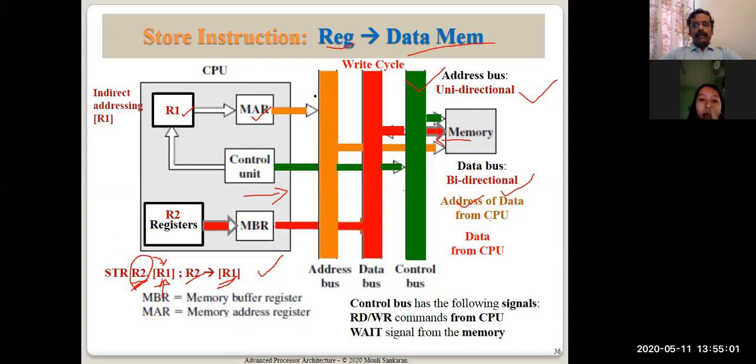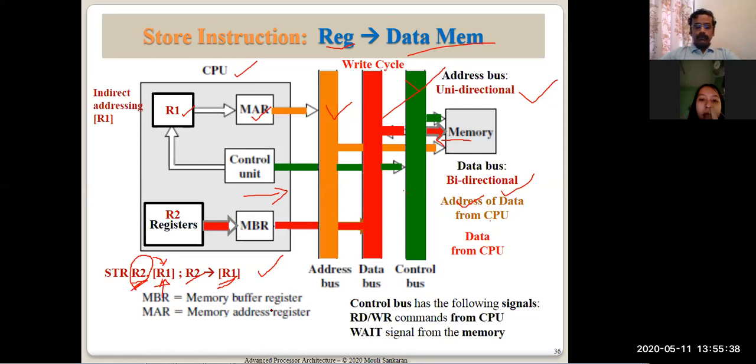Remember, both address and data should be given by the CPU one after the other. First address, followed by data. So I have shown you what happens outside the CPU when a data write access is done.